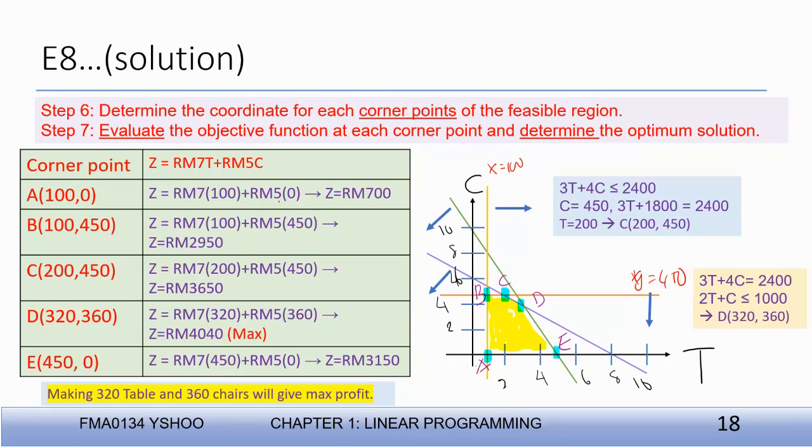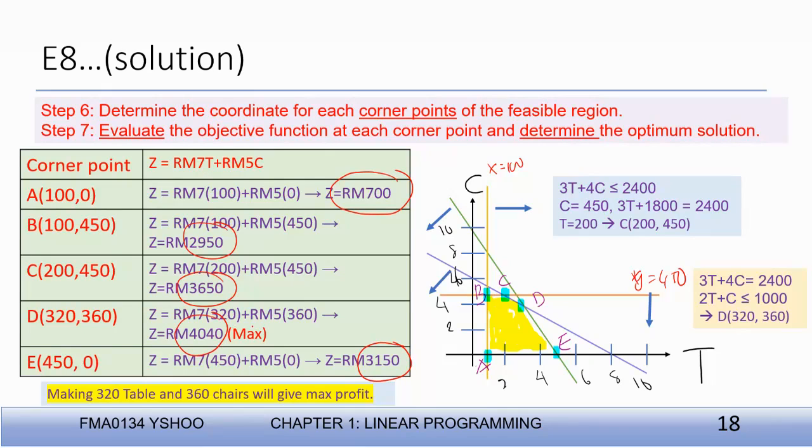After you have calculated every one, you look at these numbers: 700, 2950, 3650, 4040, 3150. Which value is the maximum? Because you want to maximize the profit, the maximum value here is 4040.